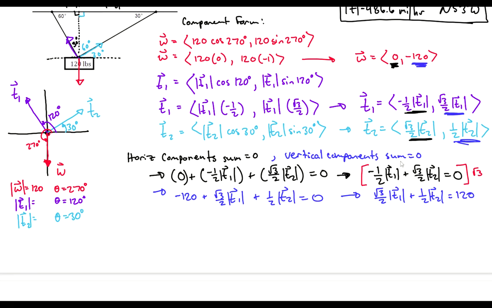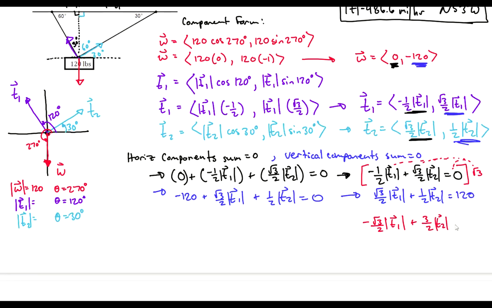So if I do that, let's put it right below. I think we can fit this in here. We would have negative radical 3/2 magnitude of T1 plus radical 3 times radical 3. So this is distributing to all of them. Okay, so radical 3 and radical 3 would be 3 over 2, and then the magnitude of T2.